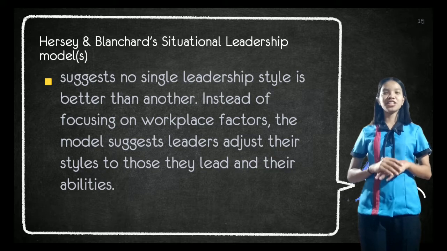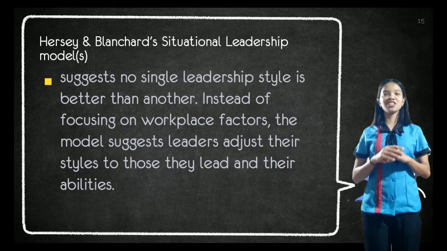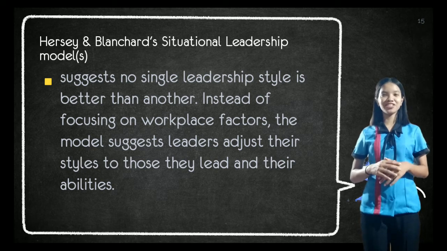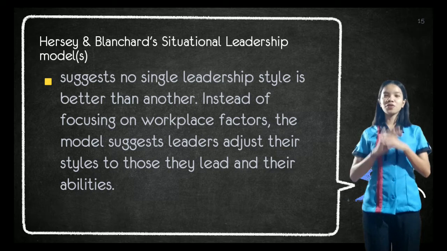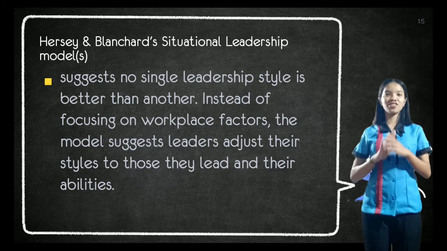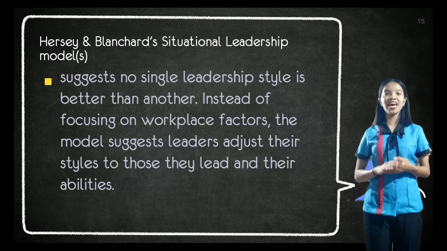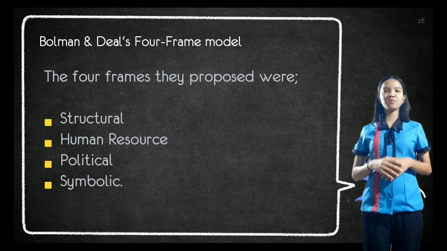Hersey and Blanchard's situational leadership models. It suggests that no single leadership style is better than another. Instead of focusing on workplace factors, the model suggests leaders adjust their styles to those they lead and their abilities.